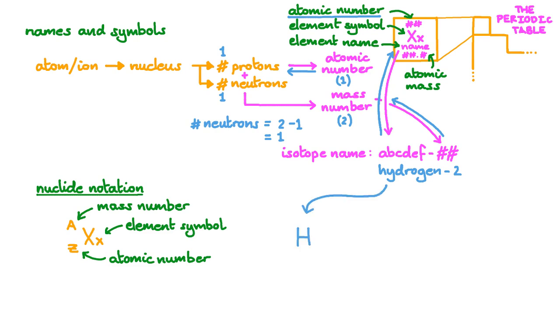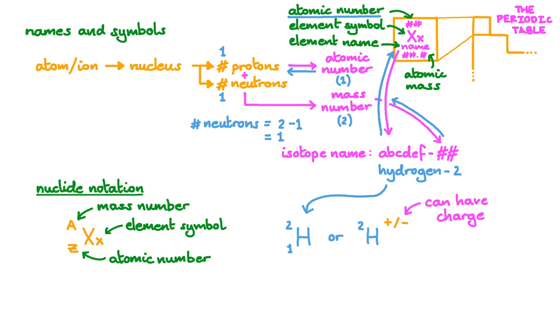If we wanted to write hydrogen 2 in nuclide notation, we'd start by looking up hydrogen on the periodic table and seeing that its element symbol is H. The mass number, as given in the name, is 2, and the atomic number for hydrogen is 1. Atomic number can always be found from the element symbol by looking at the periodic table, so sometimes the atomic number is left out. And you can indicate charge in the same way you would with a normal chemical formula.